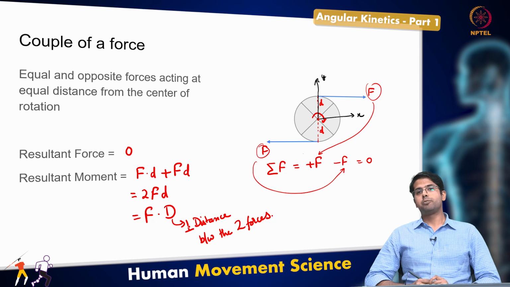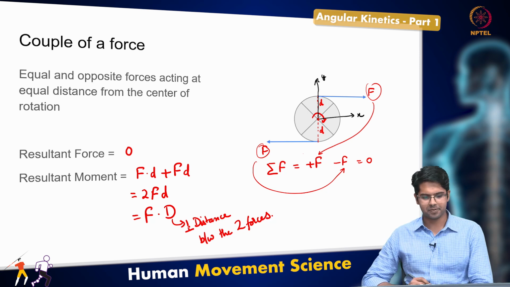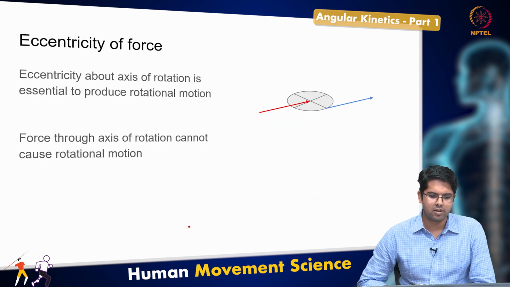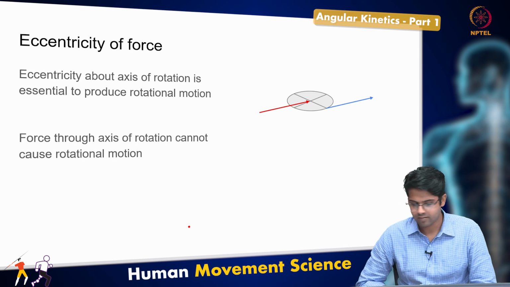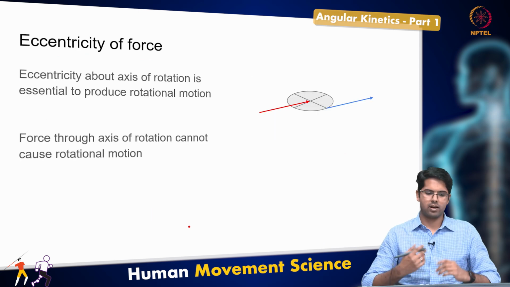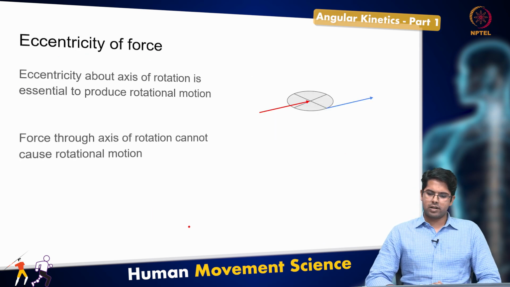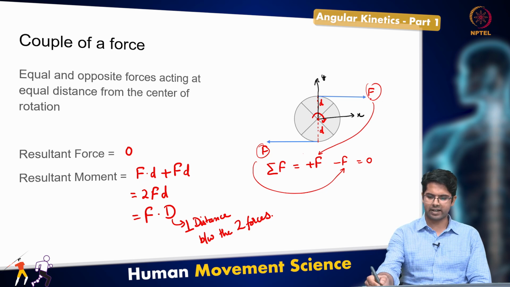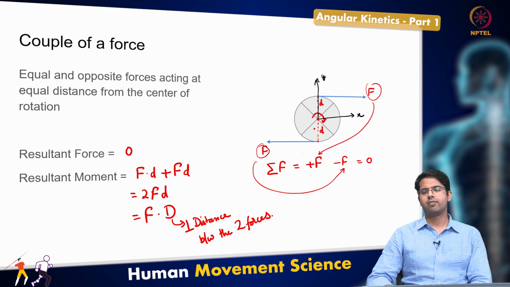We should quantify that as the perpendicular distance between those two forces, right? So here we developed sort of an intuitive understanding as well, that if equal and opposite forces are acting, even if they are not causing linear motion, they can still cause rotational motion.